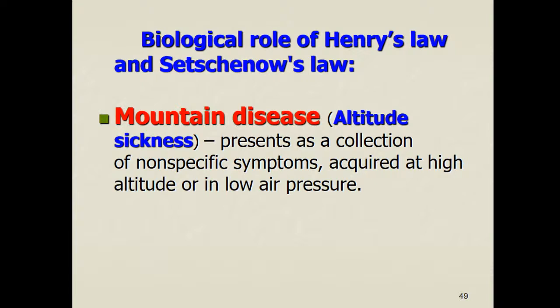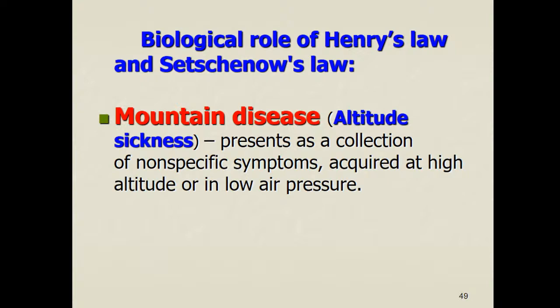So what happens there? The concentration of oxygen in air doesn't change whether it's here or at 2,000, 3,000, 5,000 meters above sea level; there will be the same concentration of oxygen. The problem starts because of the lower partial pressure of the gas. According to Henry's law, they're directly proportional.